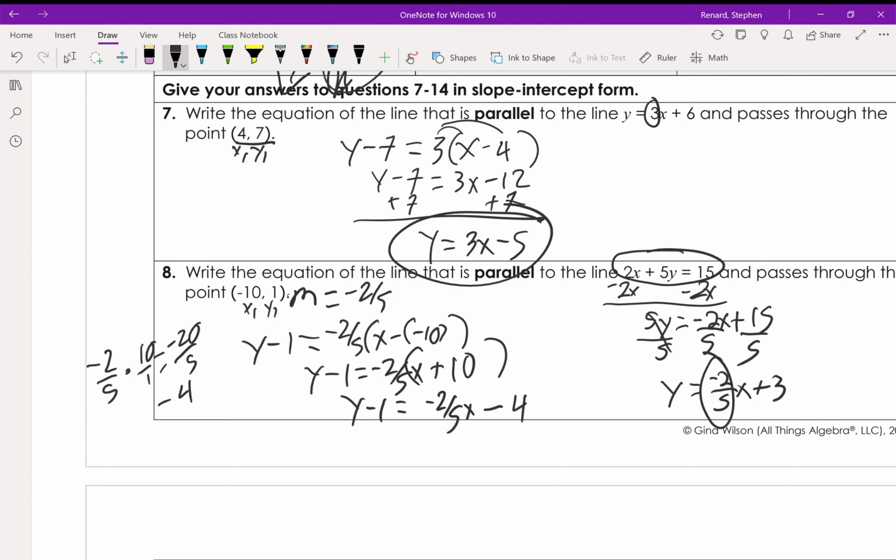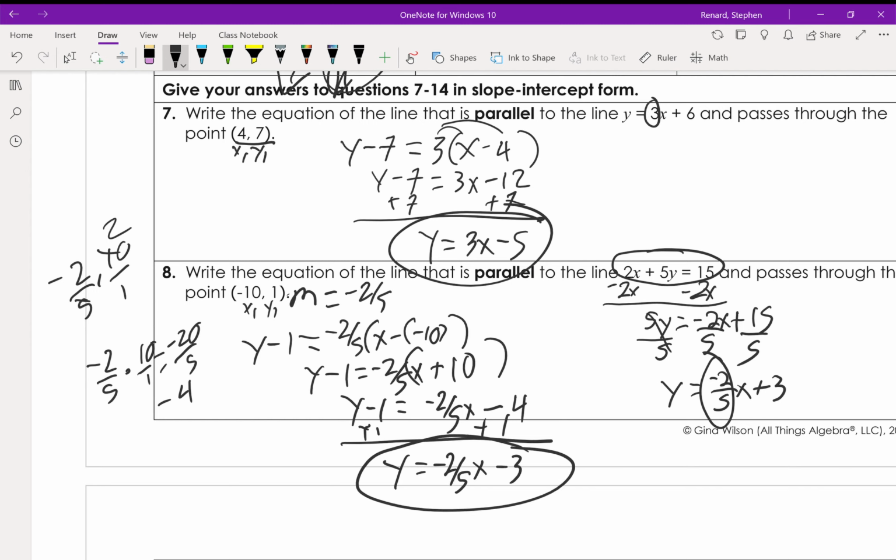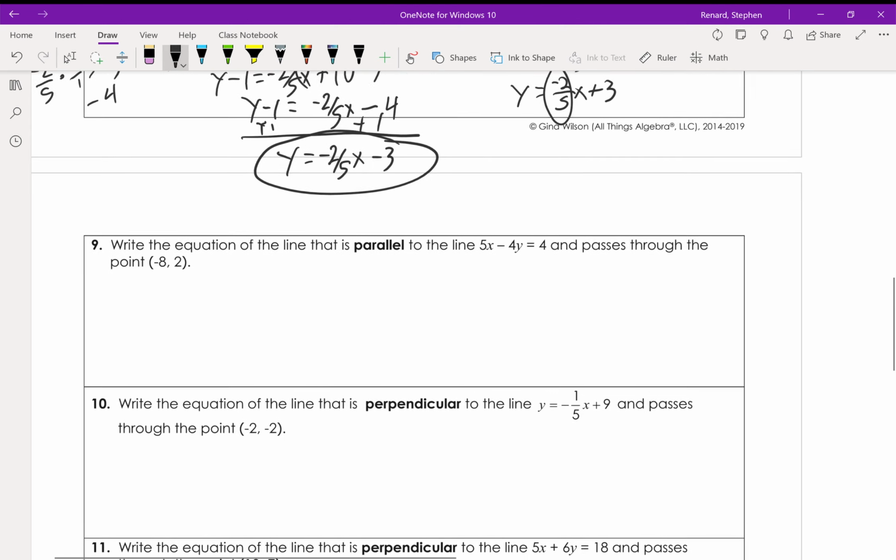You can also do it this way: the 5s cancel out, so you end up with a 2 right there, and again, negative 4. So now when I add 1 to both sides, I end up with y equals negative 2/5 x minus 3. Okay, that makes a lot more sense.